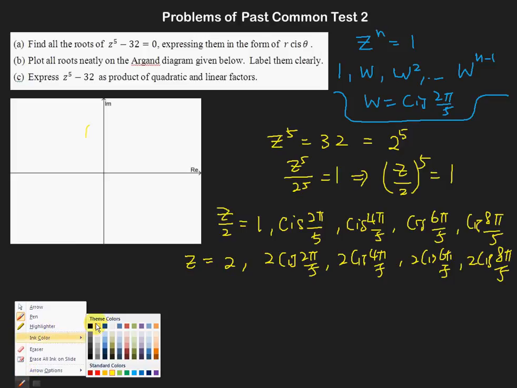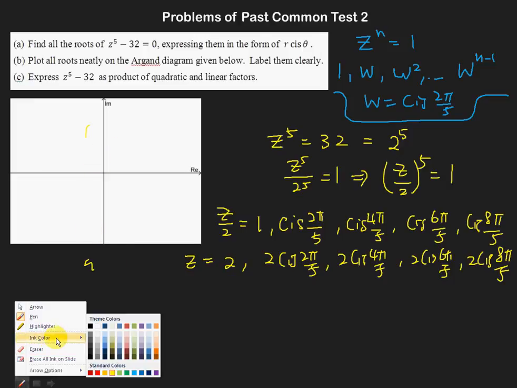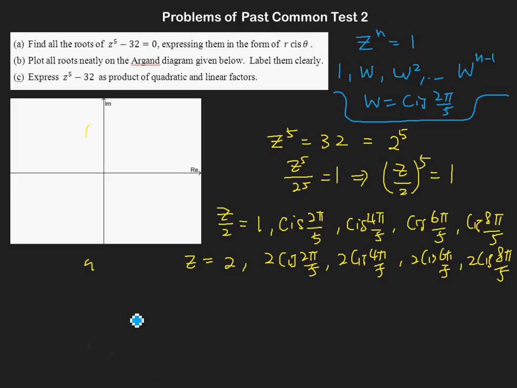Okay, something like this. So this circle is of radius 2, and we know that the first solution, z equals 2, lies here.